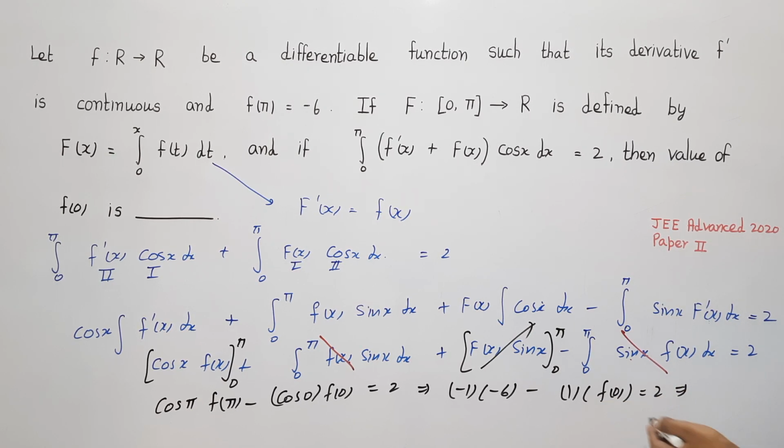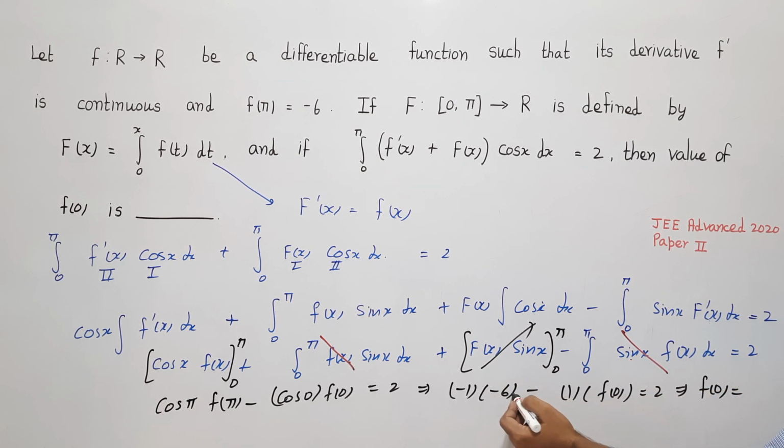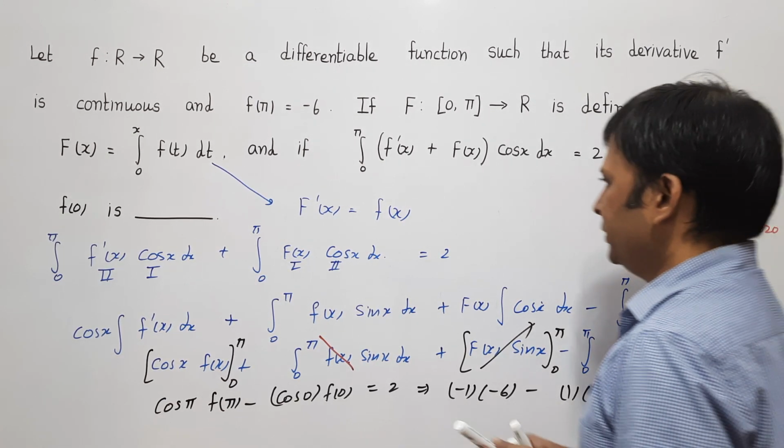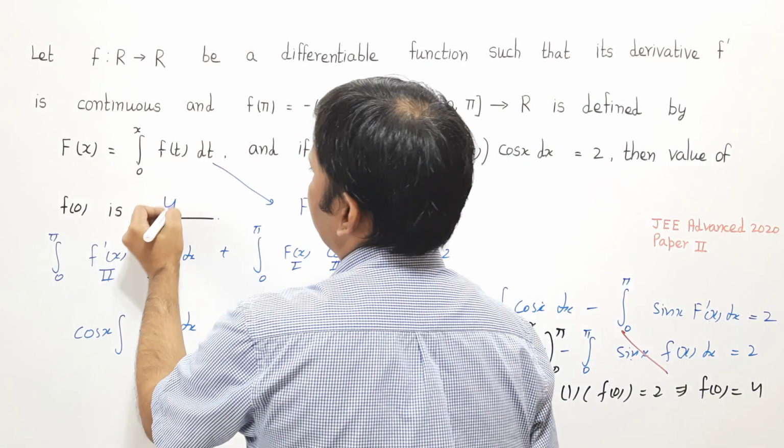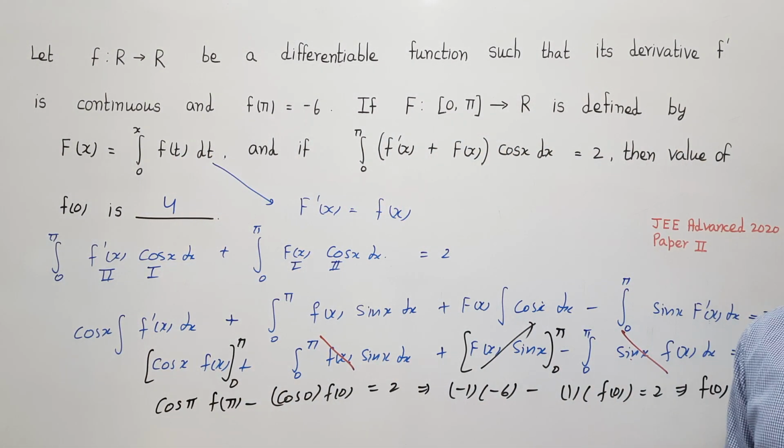So now the question is solved. f0 comes on the right hand side, minus f0 becomes plus f0, and this is equal to minus 1 into minus 6, which is plus 6, and this plus 2 comes on the left. So 6 minus 2 becomes 4. Finally, the value of f of 0 is equal to 4. So 4 is the right answer to this question.